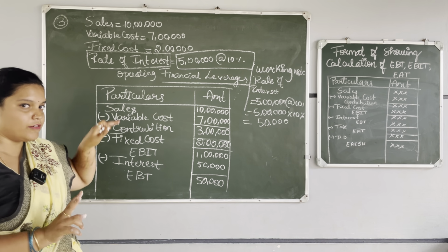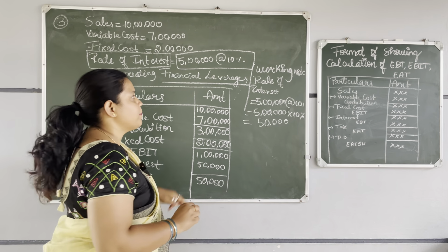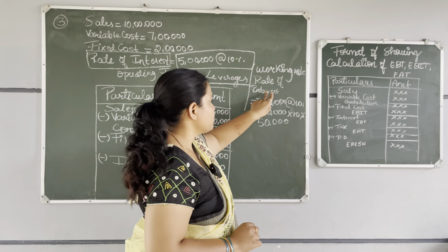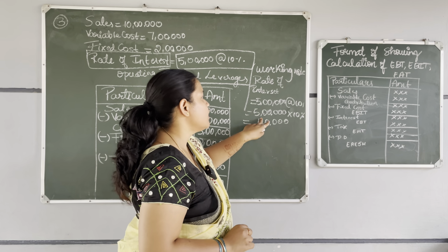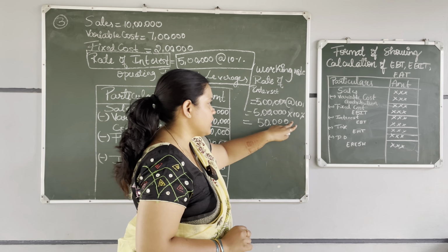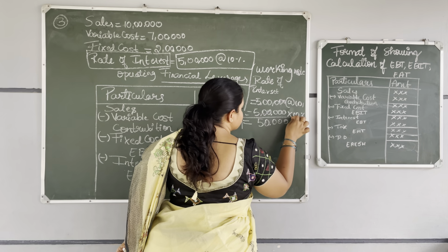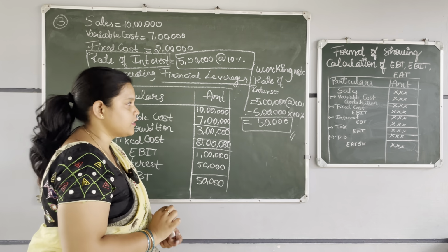For rate of interest they have given two amounts: on 5 lakh we have to take 10%. So first we take a working note here. Rate of interest is 5 lakh at 10%, which means 5 lakh into 10% gives 50,000. This is the interest amount.